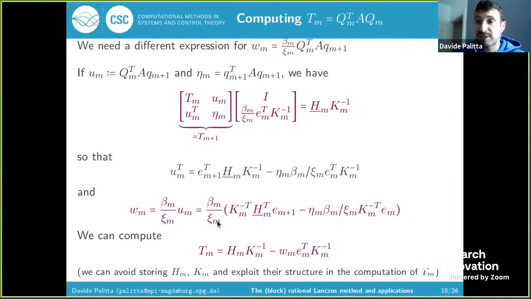Zeta M is just the current shift, Cm, sorry. Eta M is this scalar here that we have, because we have the last basis vector Qm plus 1. And of course, we have the matrices Km and Hm. So we were actually able to compute Tm without storing the old basis Qm.